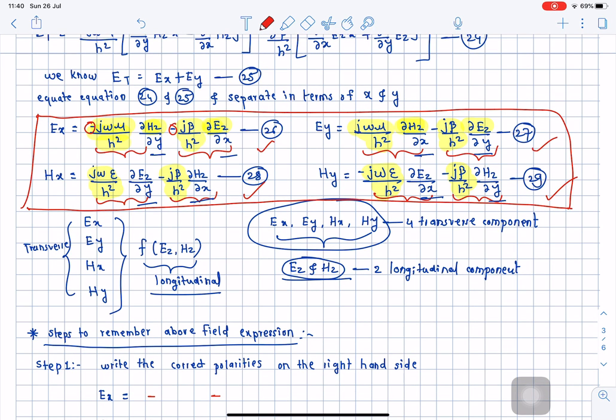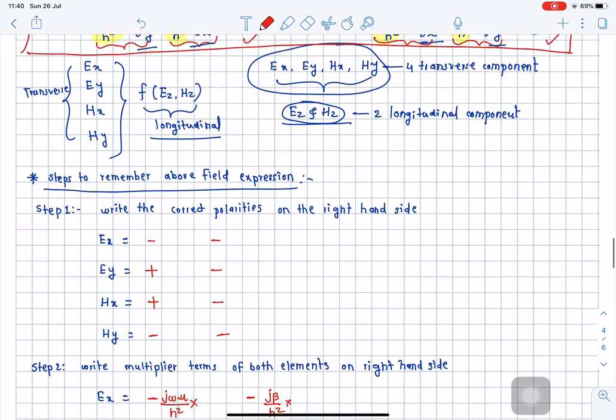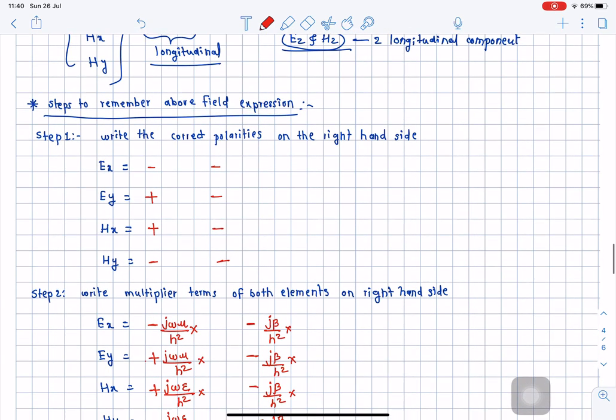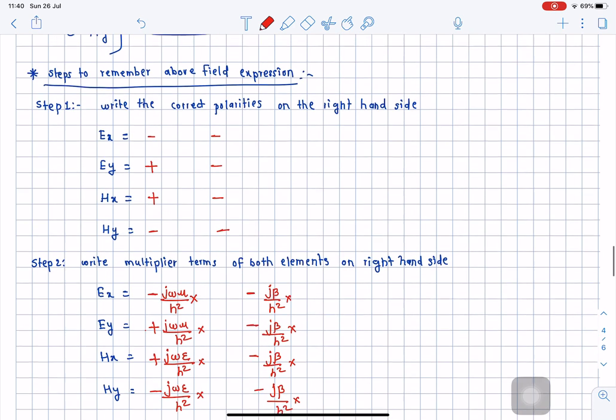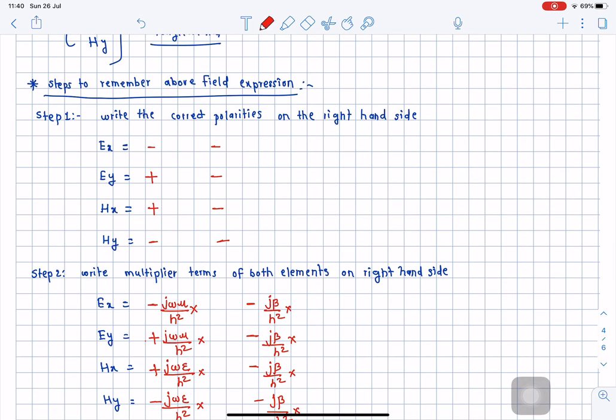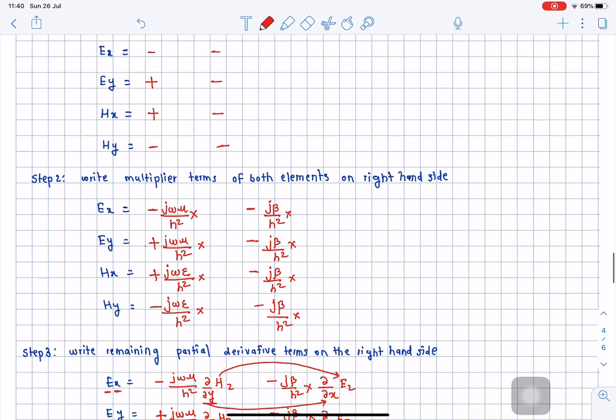Instead of writing and deriving the whole derivation, this is a shortcut step to recall and conveniently write the transverse field components in terms of the longitudinal field components. So I request you to practice these shortcut steps in order to remember the whole derivation for the transverse field components.